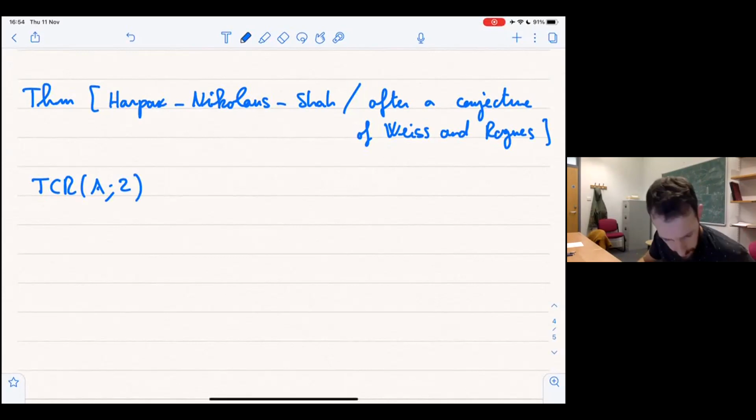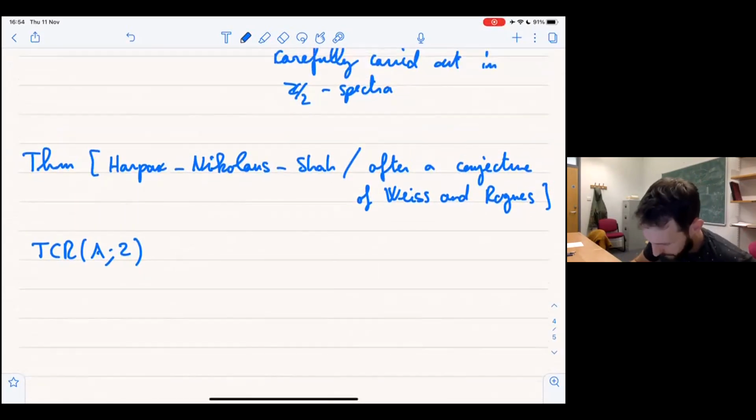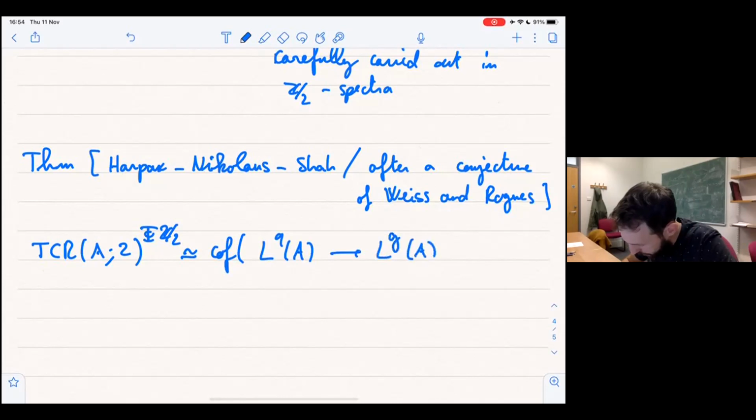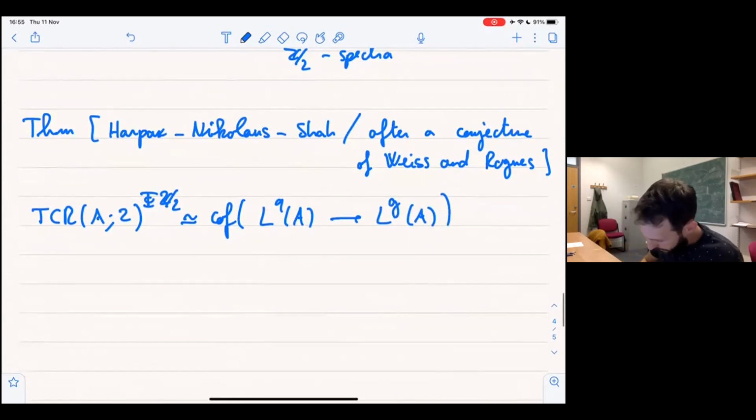And this is a Z2 spectrum. And so you can apply the geometric fixed points by Z2. And this is the cofiber of a certain map in L theory. And this is quadratic L theory.